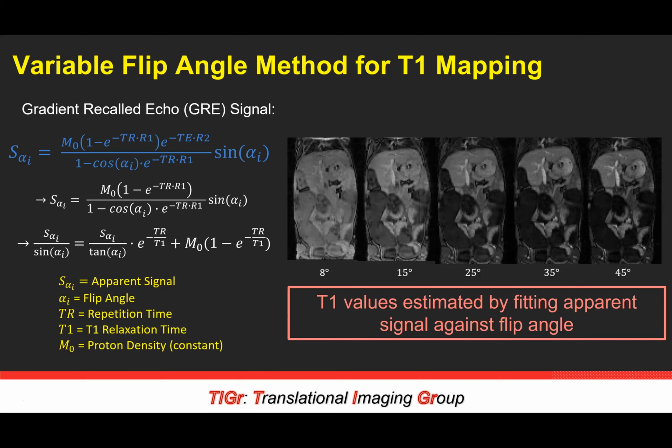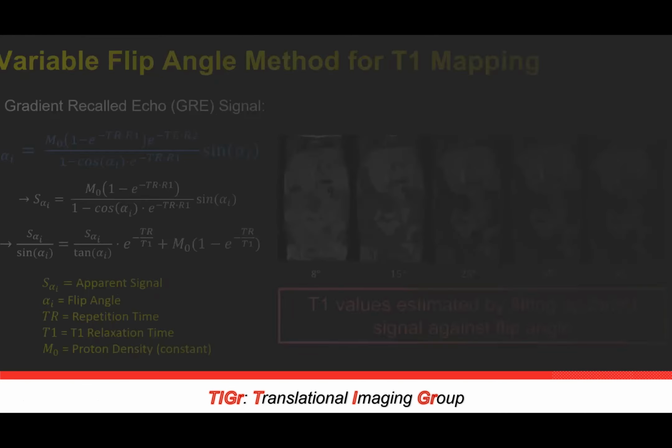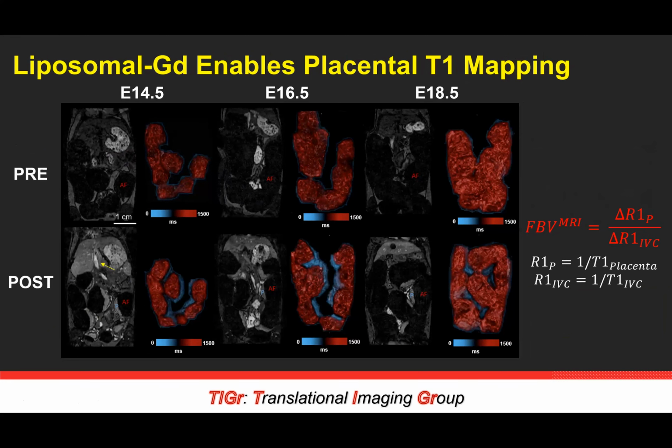In this case, we're most interested in the placenta, which is, as I mentioned, that crescent band along the fetal placental unit. So what does this look like at different time points? We looked at 3 different time points in the latter half of gestation, day 14, 16, and 18. Remember, day 21 is typically the end of gestation. And you can see in the top row, I have pre-contrast images and post-contrast images.